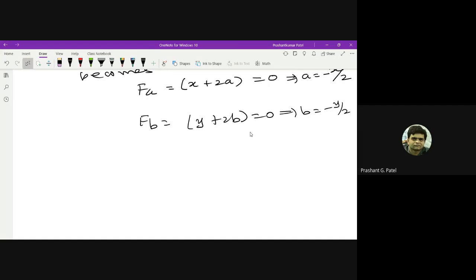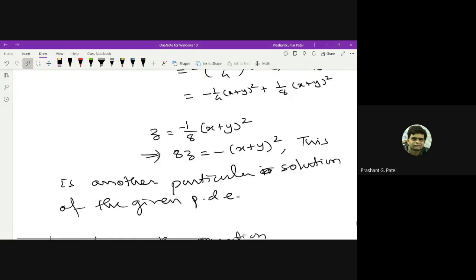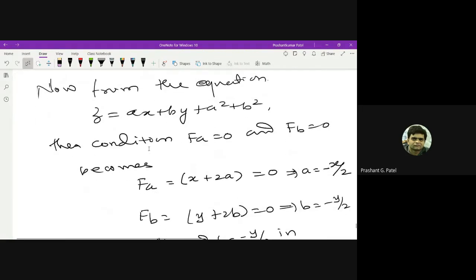Now we substitute, putting this value a equal to minus x/2 and b equal to minus y/2 in the original equation. Let's say this is double star.